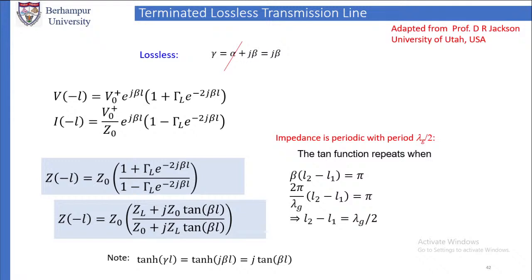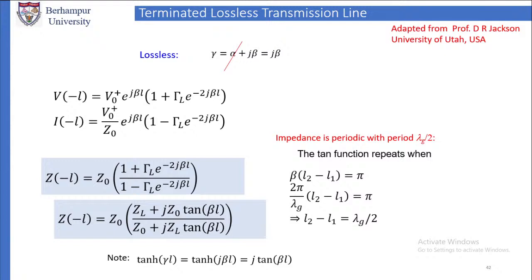We started discussing about lossless transmission line. For the lossless case, we said that resistance should not be there, conductance should not be there. So R is equal to 0, G is equal to 0. Then gamma, the propagation constant, will be equal to j beta. Why?